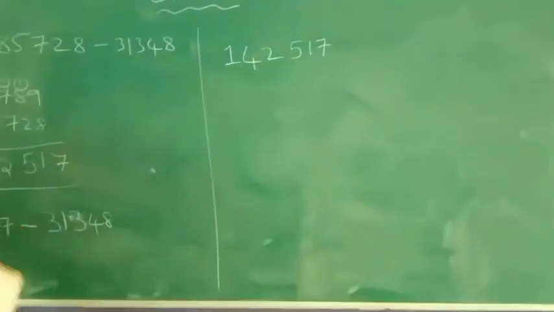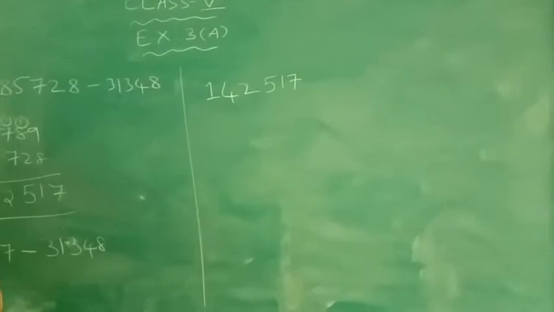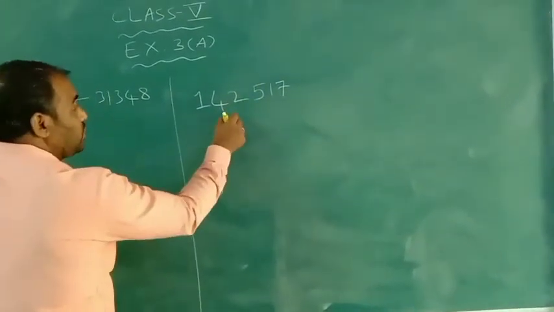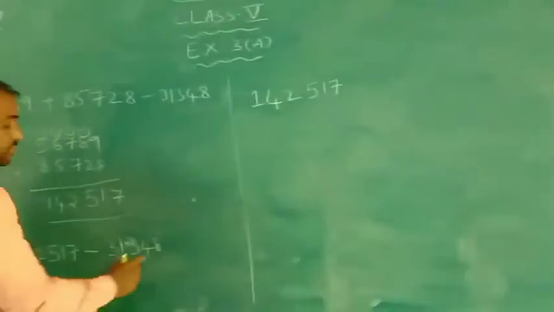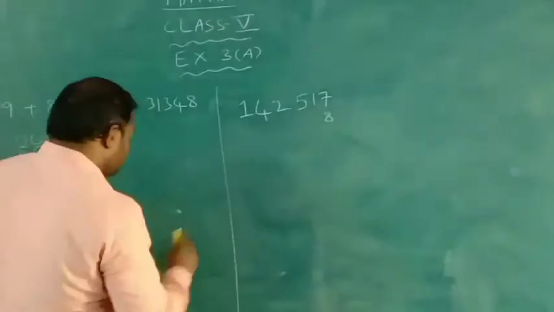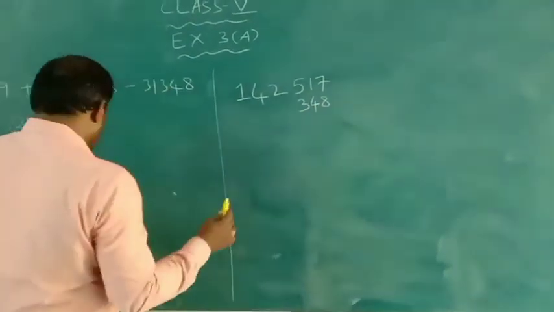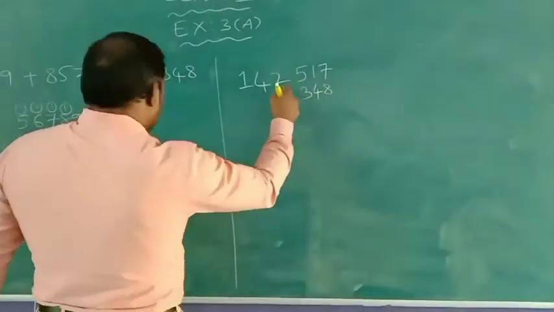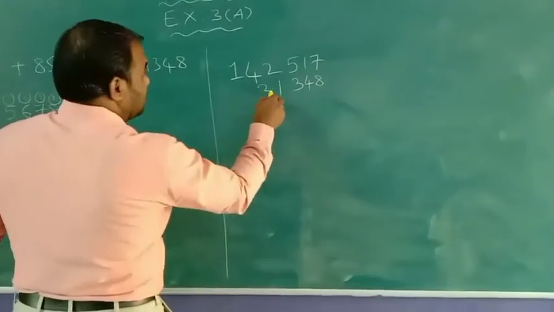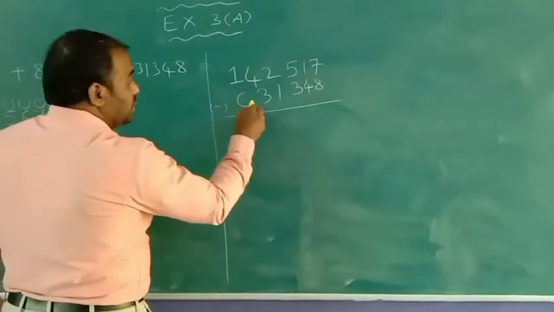Next here what is there? 31,348, a 5-digit number now. You count from last to 5: 1, 2, 3, 4, 5. You start from here. These numbers, 1's place 8 is there, 10's place 4, 100's place 3, 1000's place 1, 10,000's place 3. Now do subtraction. Here anything not there, you keep 0 here.